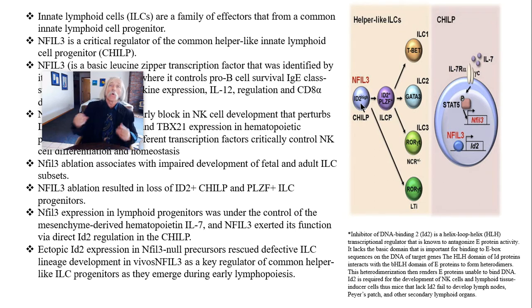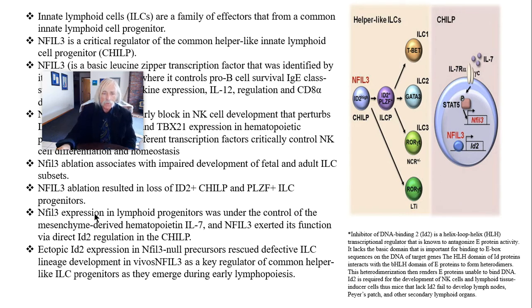So that's way back here where it's functioning. I'm getting into the granularity of what Infil is doing way back at the common helper innate lymphoid progenitor cell differentiation, beginning of that whole process that ultimately is going to lead to more ID2 formation, right? More of those kinds of cells, more proliferation of these innate lymphoid cell lineages, all of which are going to be acting unusually like innate immune responders, right?